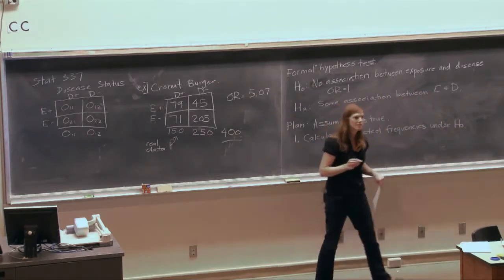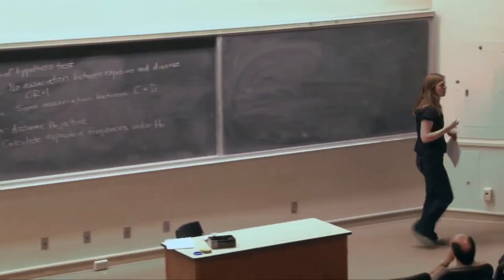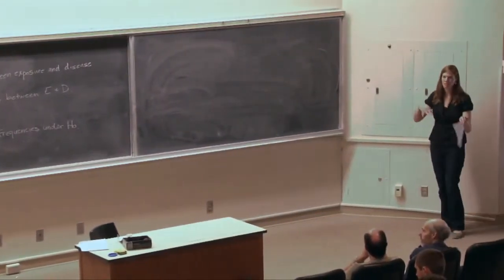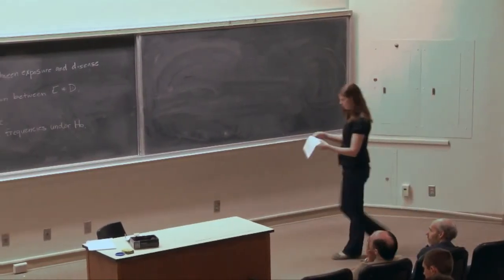Now, the null hypothesis of no association means independence. So my rows and columns are independent. The probability that you're exposed has nothing to do with the probability that you have the disease.